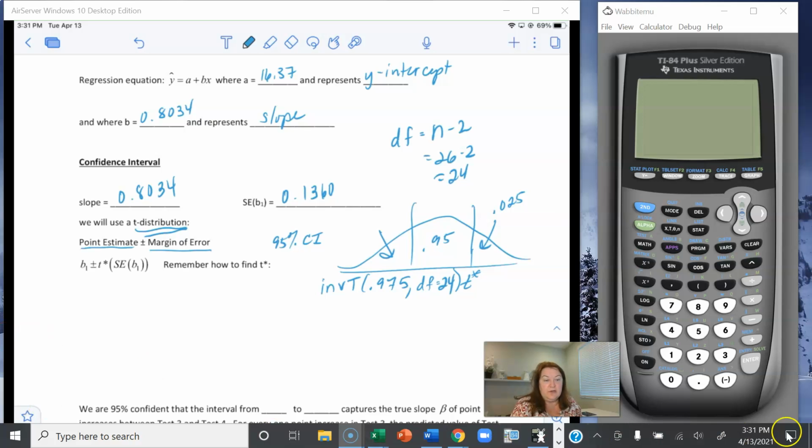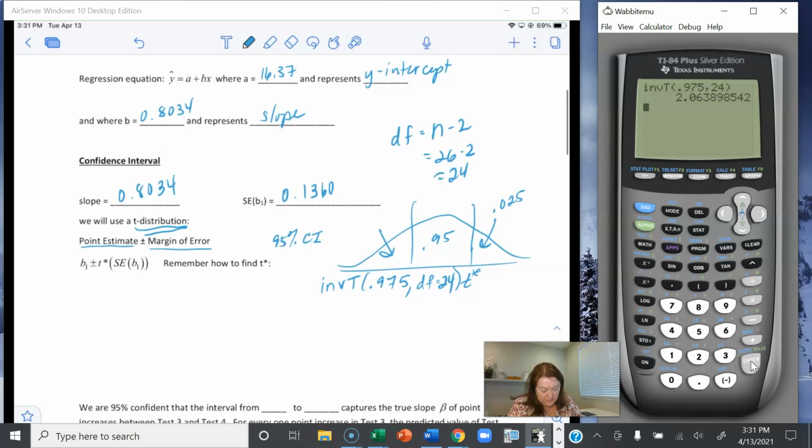Just like normal, we're going to put this into our calculator. We're going to do inverse t of 0.975, with degrees of freedom 24. That gives us a t star value of 2.0638.